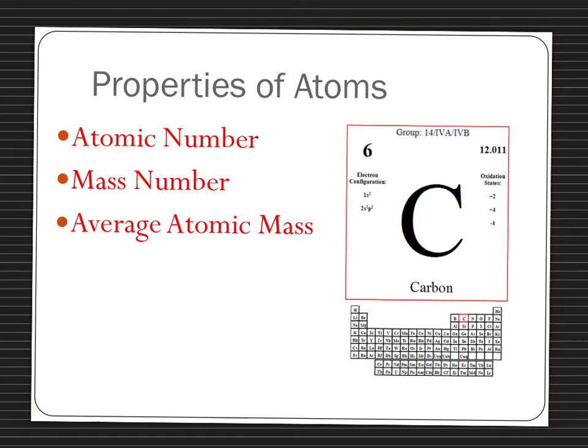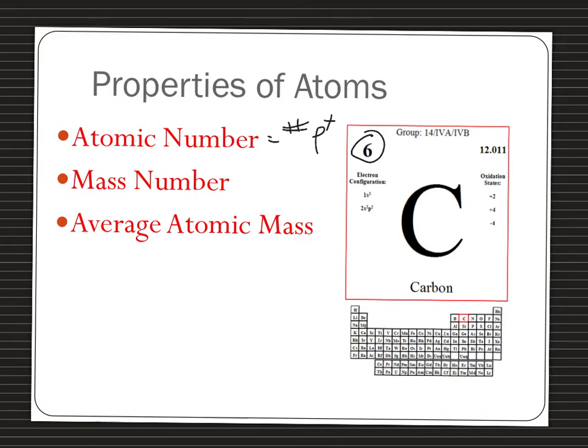Some properties of atoms we need to know are atomic number, mass number, and average atomic mass. Your atomic number is the number of protons. We usually show protons abbreviated as P with a little plus superscript. If you look inside one of the boxes on the periodic table, you'll see two numbers, usually written one on top of the symbol and one on the bottom. The 6 there is the atomic number.